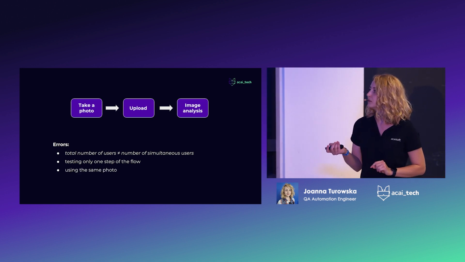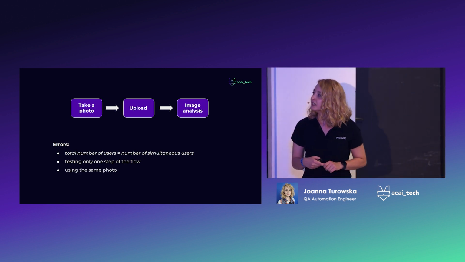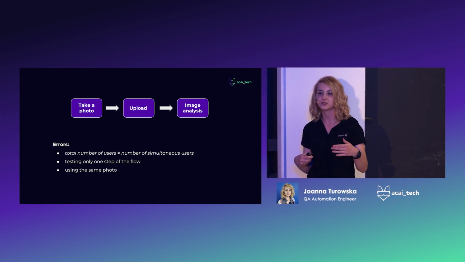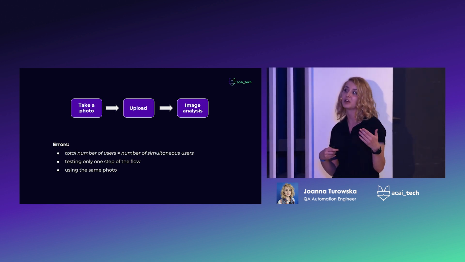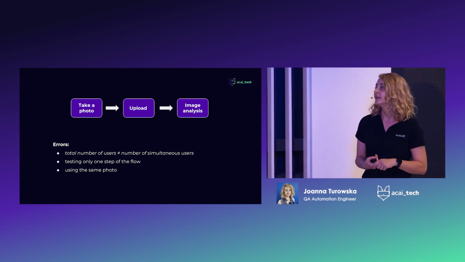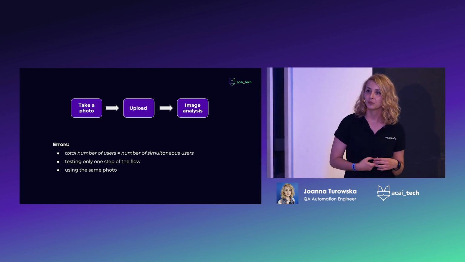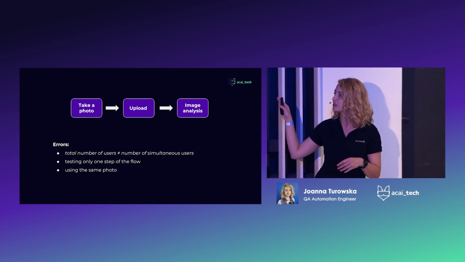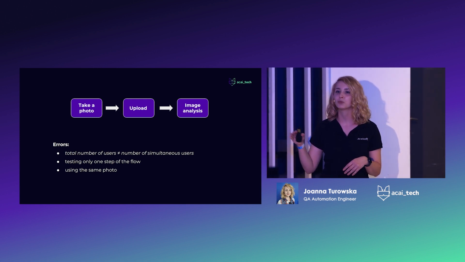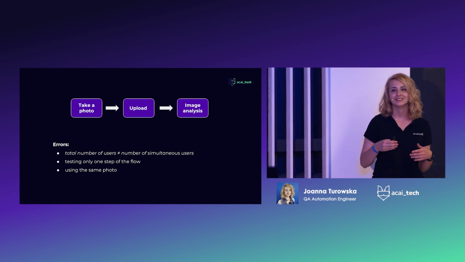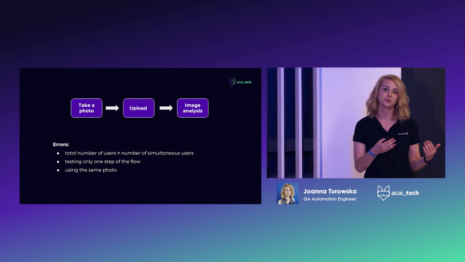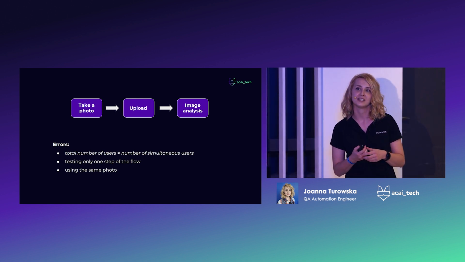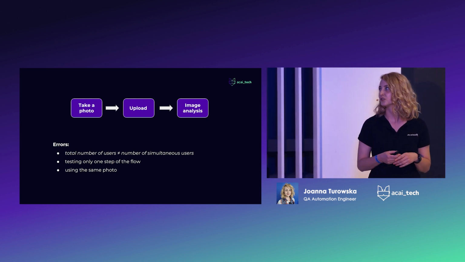There's one more issue with the tests. They were using the same photo for testing, which means they were uploading the same photo all the time. And that was wrong because the AI part of the image analysis learned how to process this photo faster, given that it was always the same photo, than if it were many different photos.